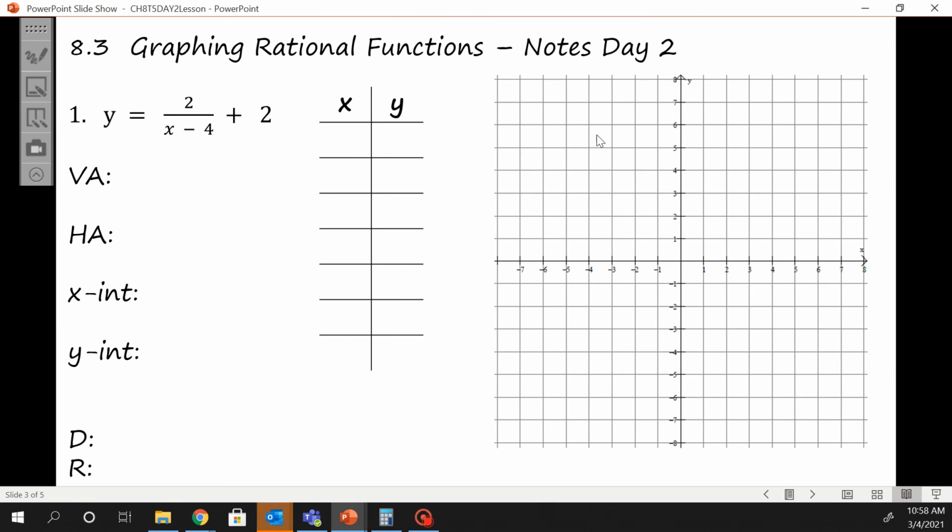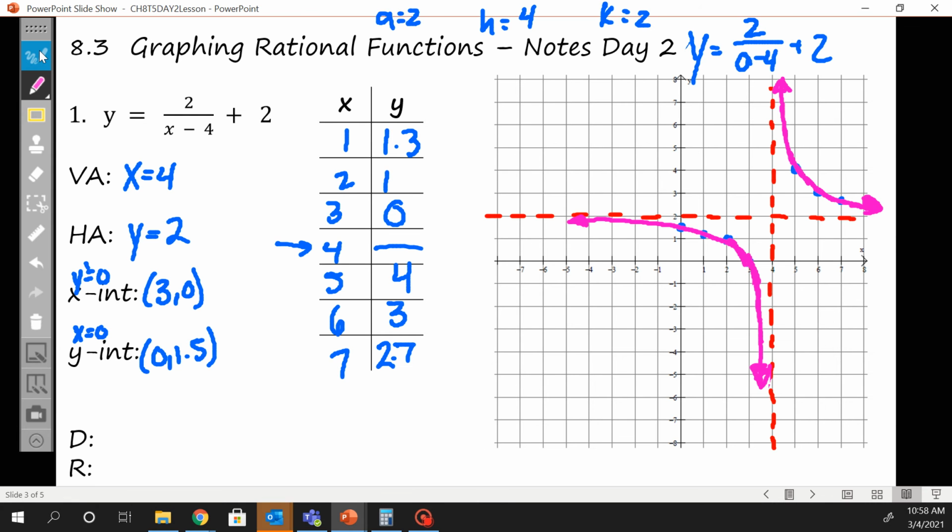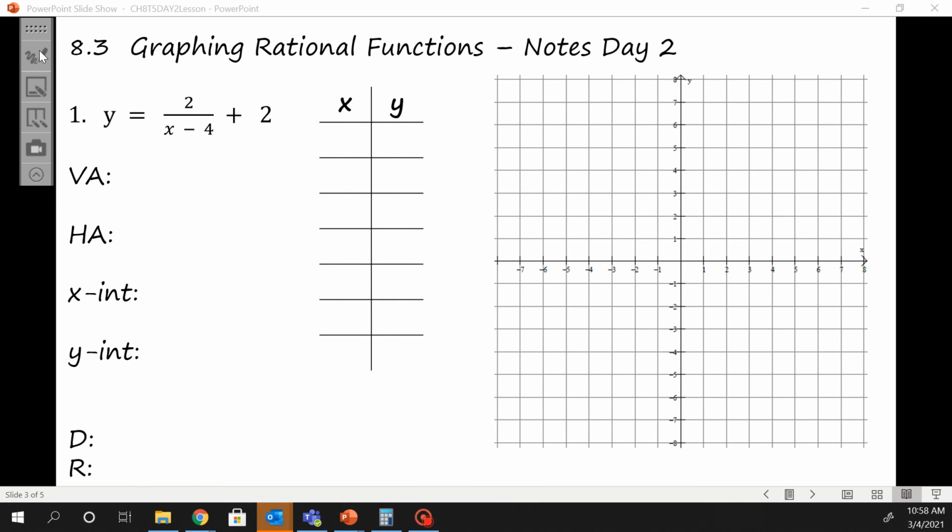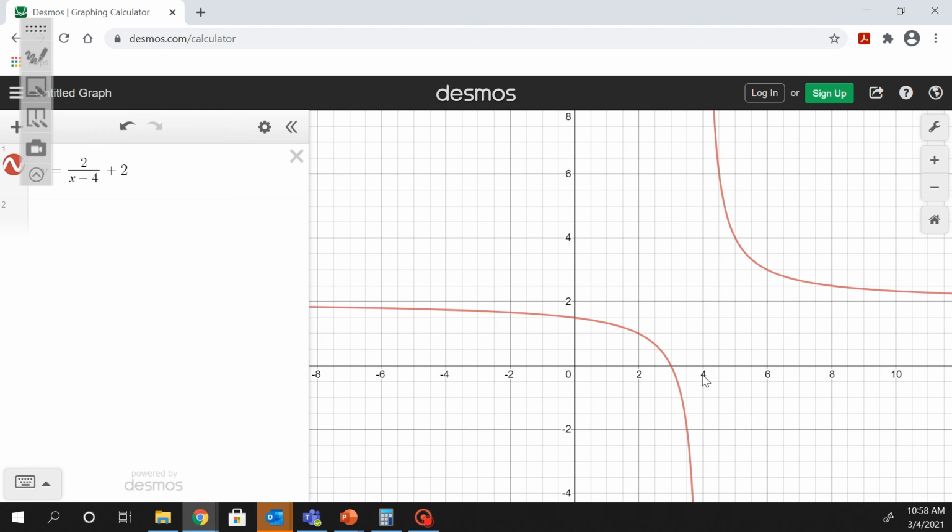And we can see our graph is pretty darn close, okay? The curvature is a little off, but it's pretty darn close. The asymptotes are for sure in the right spots. The intercepts, 3, 0 and 0, 1.5, those are in the right spots. So everything looks pretty good.